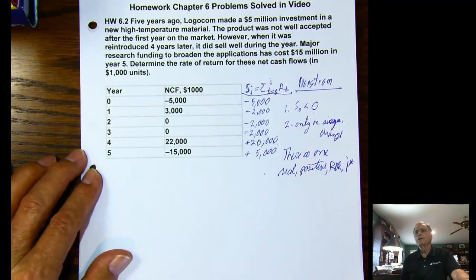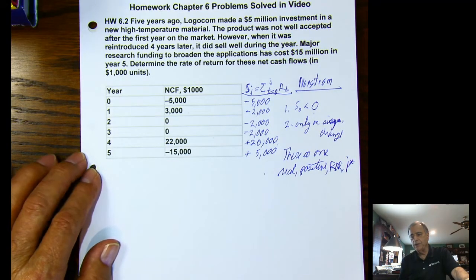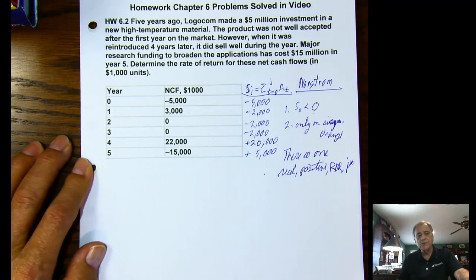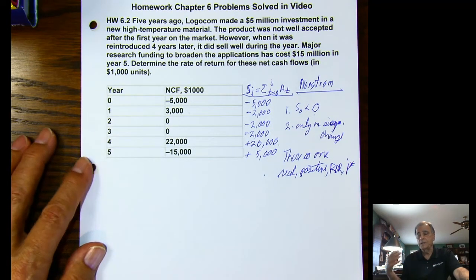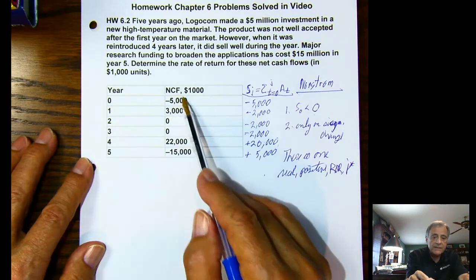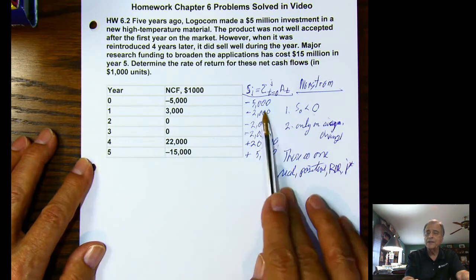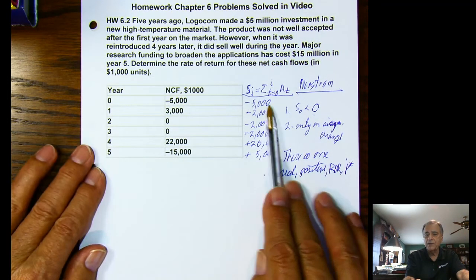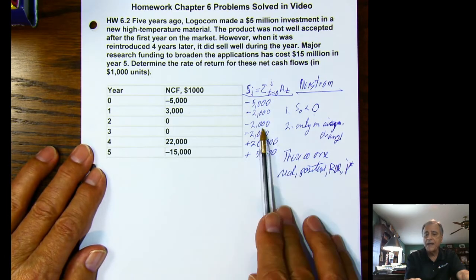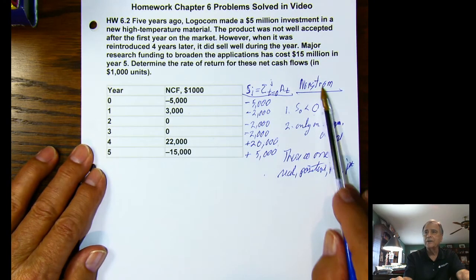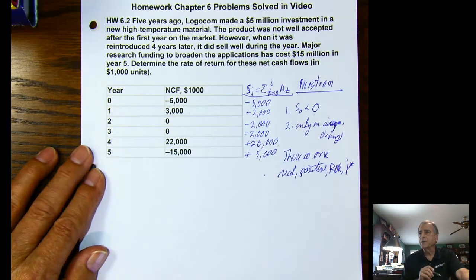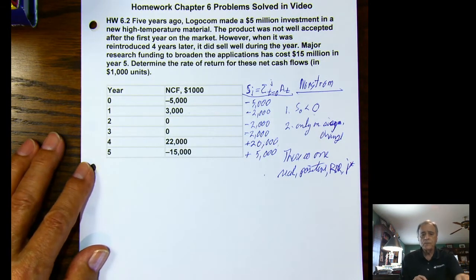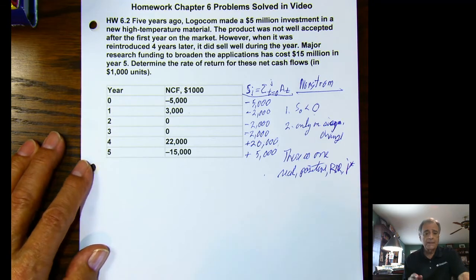Okay, so that much we know. Now we just need to set up the equation for the internal rate of return, which says basically the present worth of the cash flow. Don't use this cumulative cash flow. The only reason we ever get the cumulative cash flow is to check out Nordstrom's criterion when we have multiple sign changes.